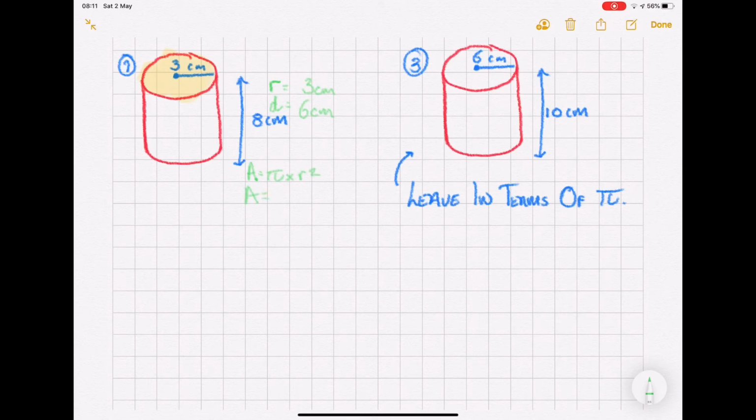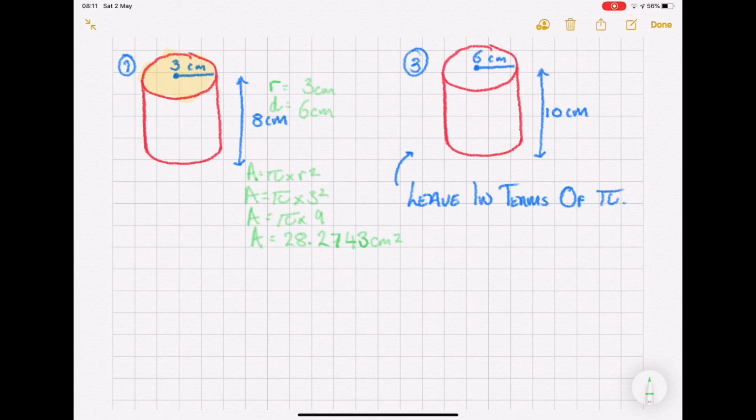We substitute in our r, 3 squared, pi times by 9. If we type that into a calculator, we get the area coming out as 28.2743 centimeters squared.